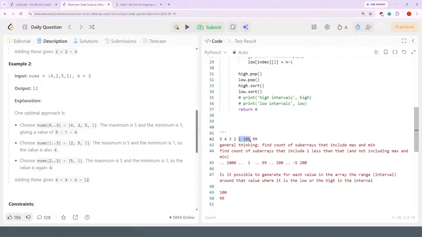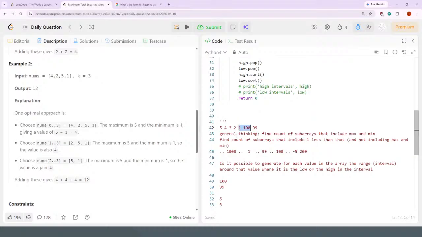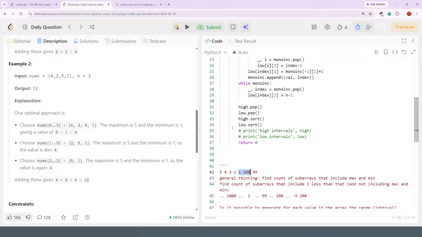Technically, this pretty much includes every subarray after 100 and before 1. Oh my god.